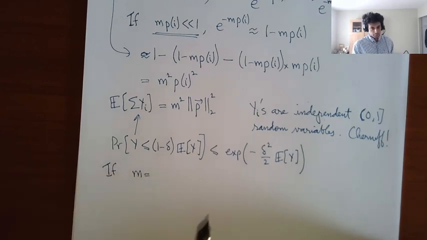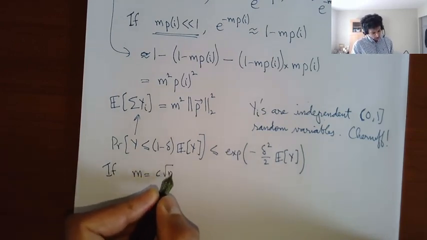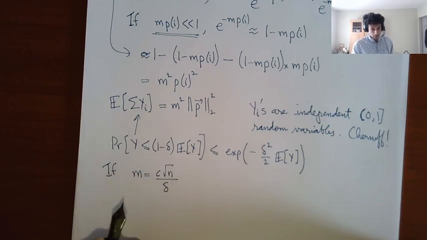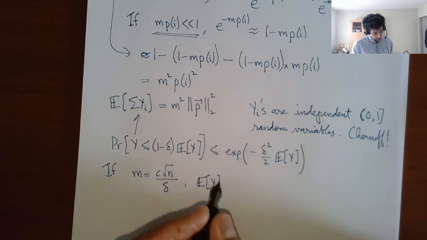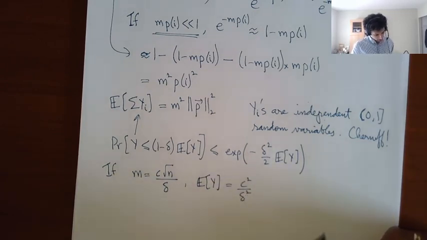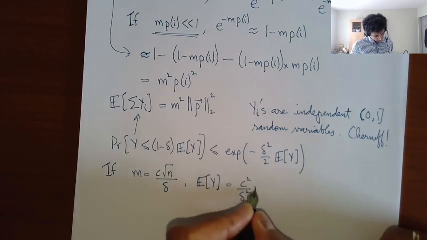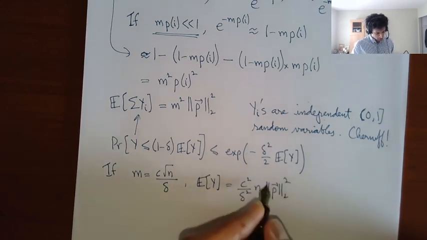If m is set to be some constant c root n divided by delta, not delta square, then the expectation of y is going to be c squared divided by delta square. So I got the delta square n times the 2 norm squared.